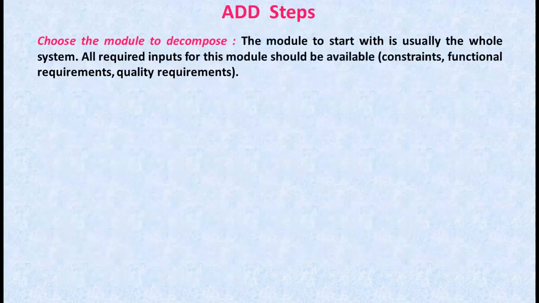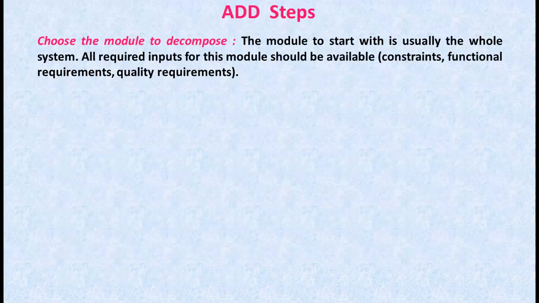So coming to ADD steps. Here we begin by briefly presenting the steps performed when designing an architecture using the ADD method. We will then discuss the steps in more detail. Now let us see step 1. In step 1, we need to choose the module to decompose.